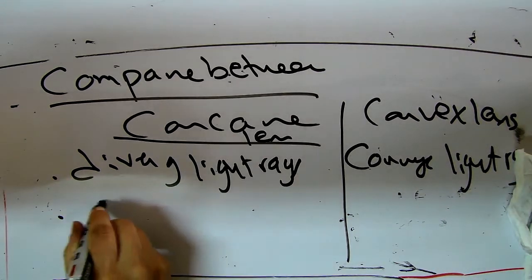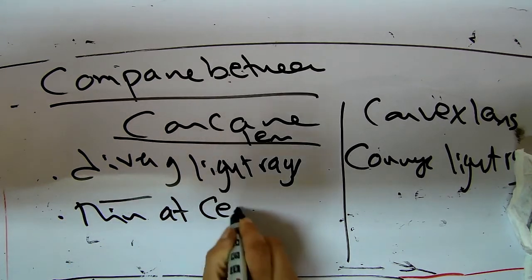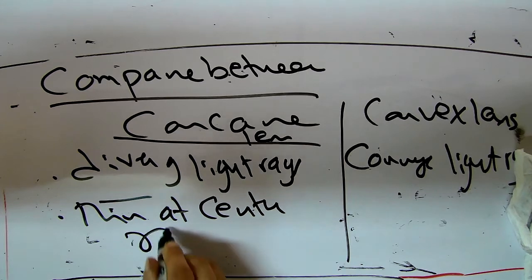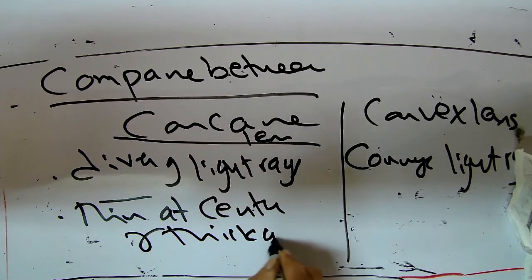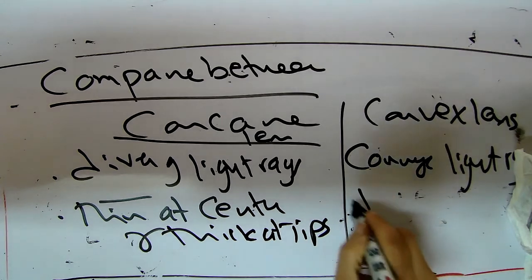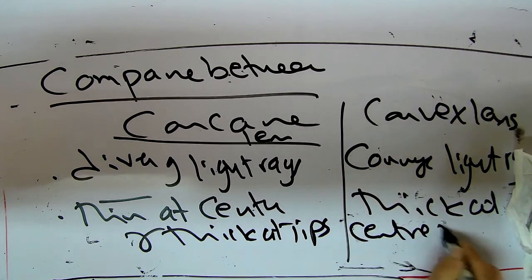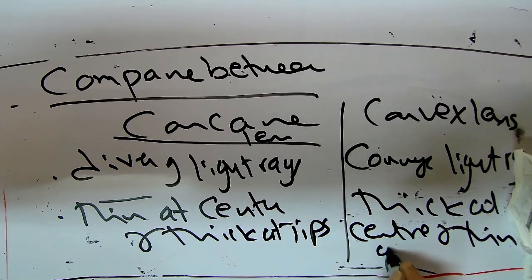Concave lens is thin at the center and thick at the tips. Convex lens is thick at the center and thin at the tips.